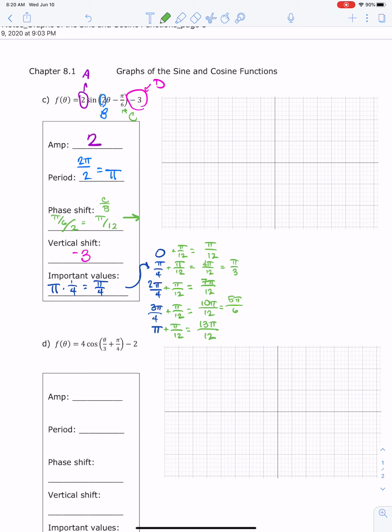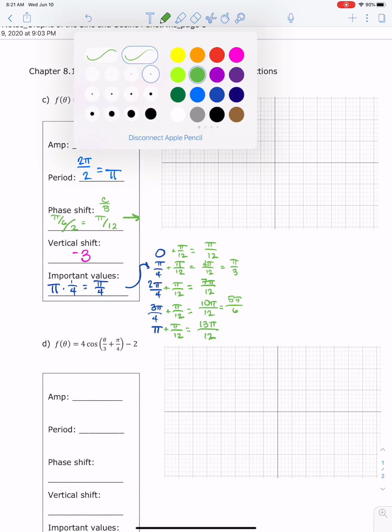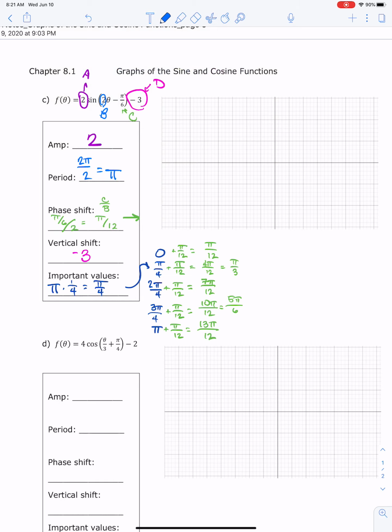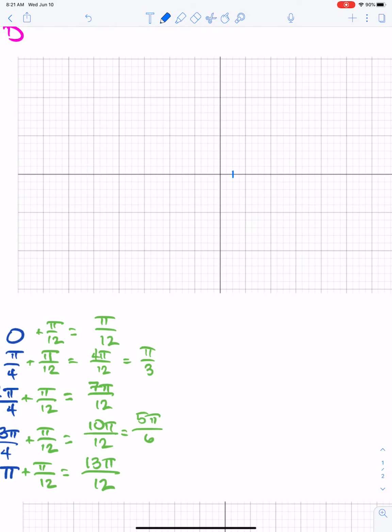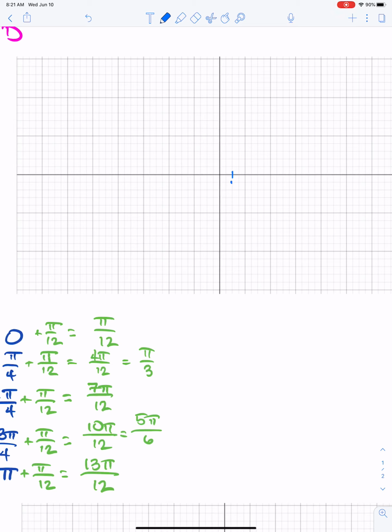So here's how we're going to use this information, that phase shift. Let's figure out how we're going to number this first. I'm pretty sure I can just count by pi over 12s. So here's 1 pi over 12. That makes that 2 pi over 12, 3 pi over 12, 4 pi over 12.